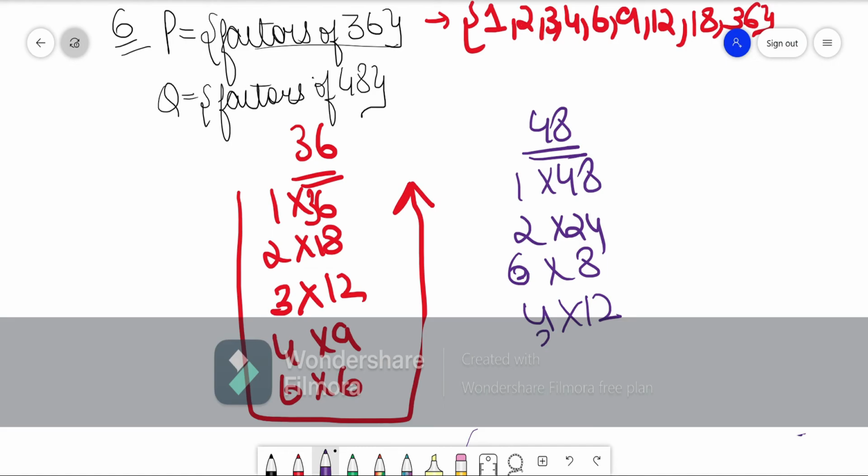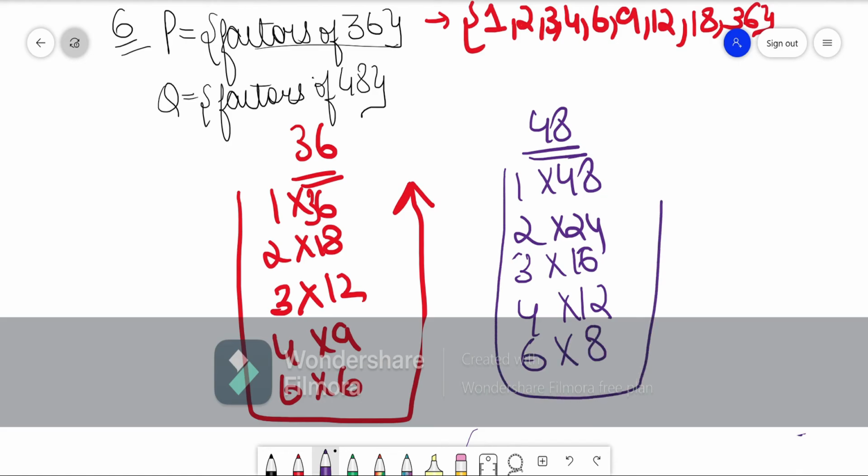Yeah, 3 into 16 as well. Let me write them again. I forgot. Okay. So 3 into 16, 4 into 12, 6 into 8. These are the factors of 48.